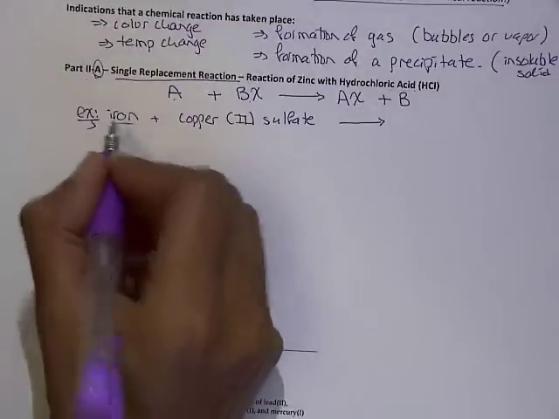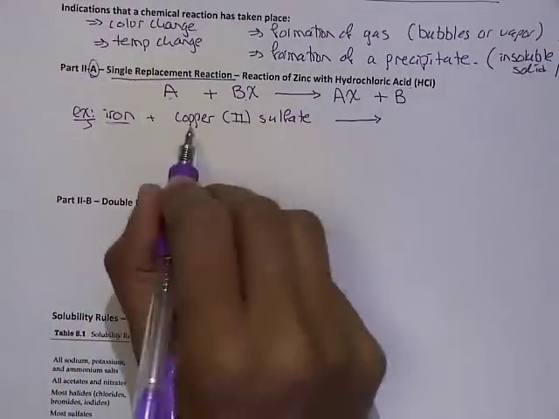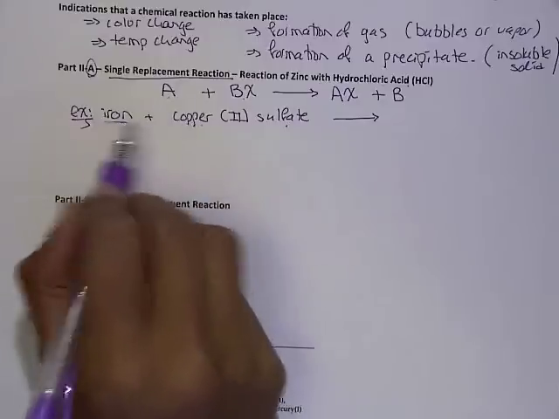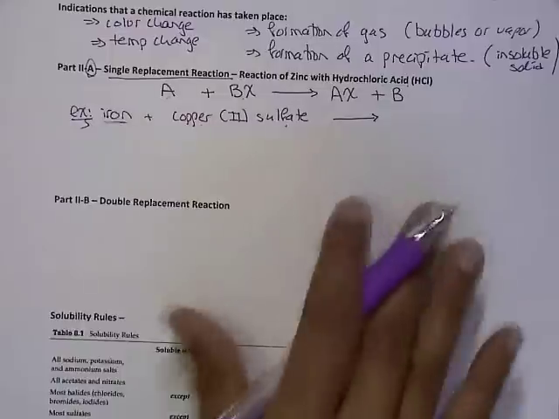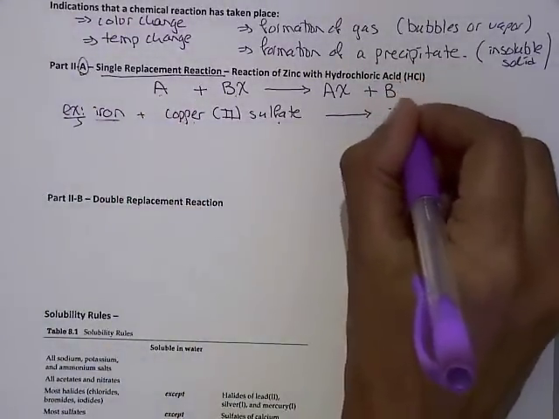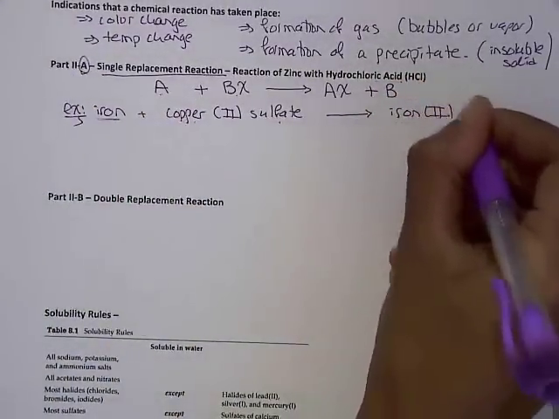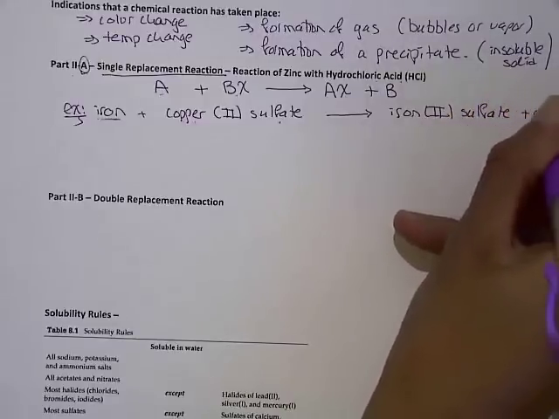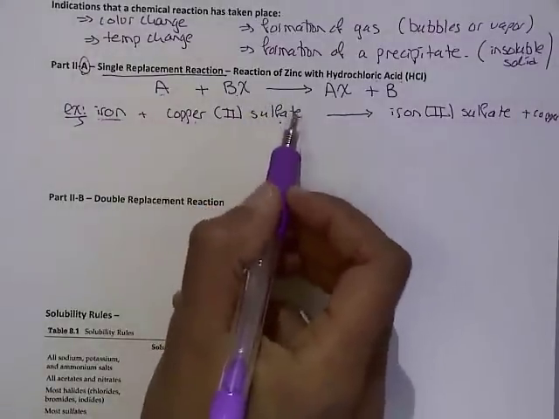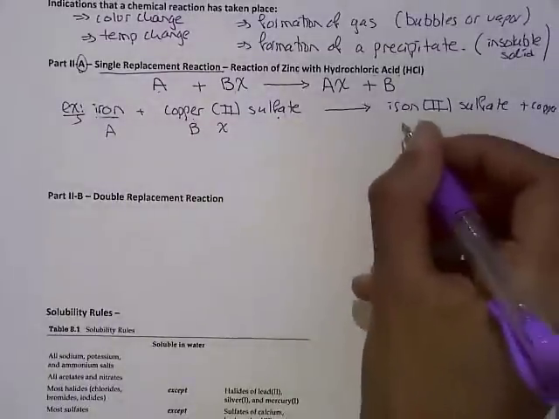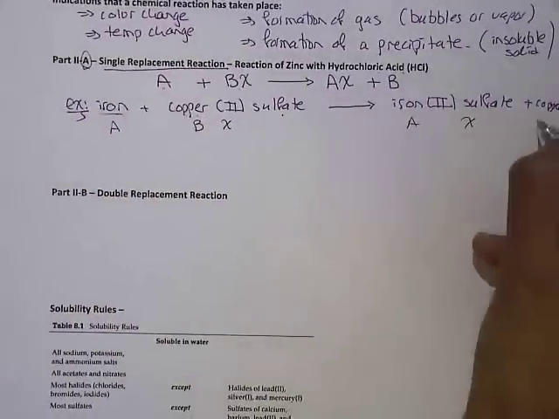Because I have a single component reacting with two components. Whenever you swap, you always swap the metals with the metals, nonmetals with the nonmetals. So here we have two metals, so we're going to swap these. So we end up with iron 2 sulfate plus copper. If you want to connect this back to your general formula, so this is my A, this is my BX, here I get AX plus B.